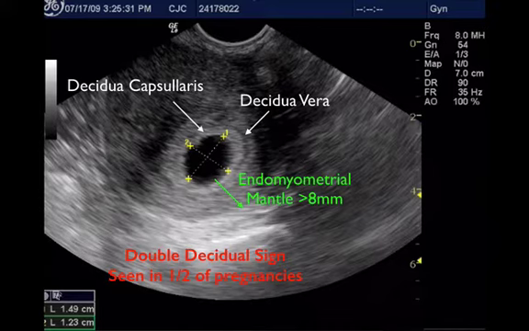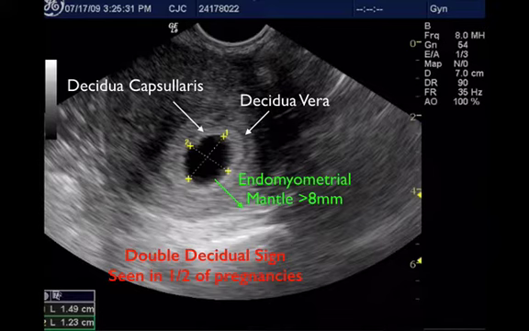So this is one of the first signs that make us feel secure that we have an intrauterine pregnancy, and this is the double decidual sign. It's actually only seen in half of all pregnancies, but what we want to see in a healthy pregnancy is a thick echogenic ring around the gestational sac, and the innermost layer is the decidua capsularis.